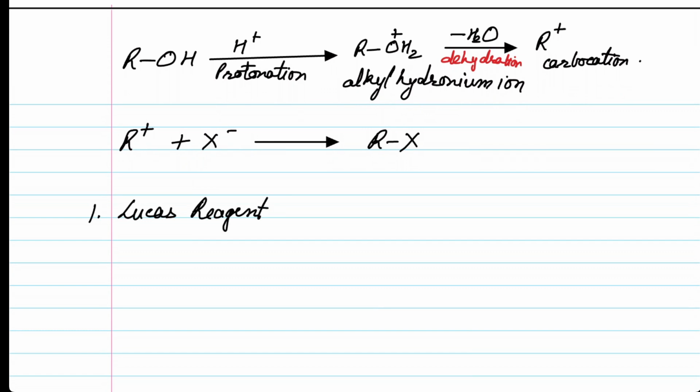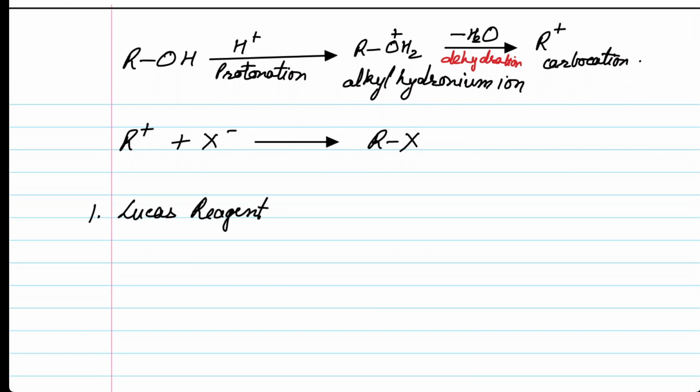Alcohols of 6 carbons or less are able to dissolve in the Lucas reagent to give a clear solution. When the reaction takes place, the alcohol gets converted into alkyl halide, which is insoluble in the Lucas reagent.